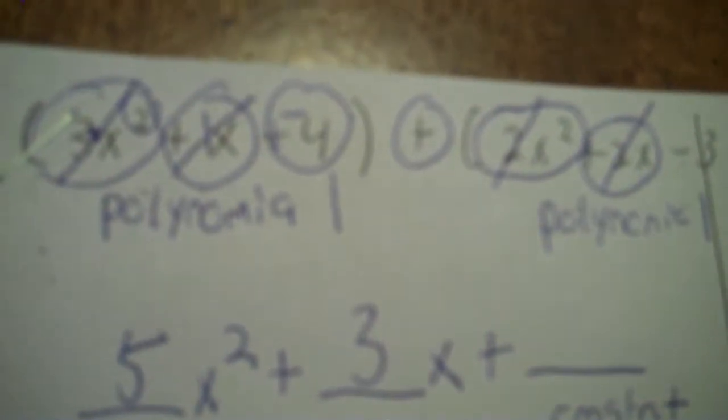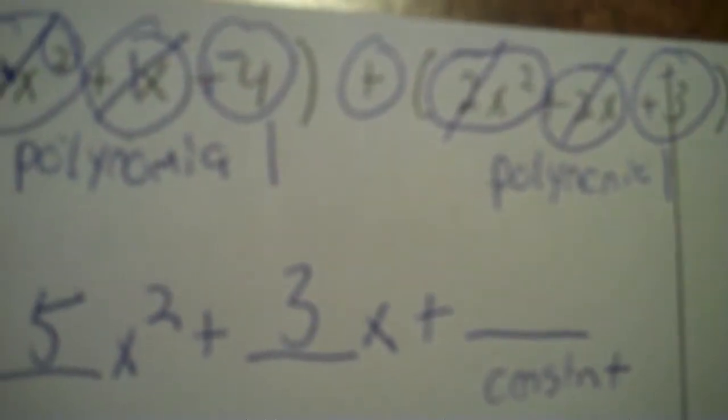You have a negative 4, if it's a minus, you're thinking of it as a negative, and a negative 3. So if I add a negative 4 and a negative 3, it's going to be negative 7. Okay, so there's your answer. That's all you do. Okay, you can't add this because that's multiplied by an x to the second. That's multiplied by an x that's not to the second, and this is not multiplied by anything. So they're not those. It's just adding like terms.